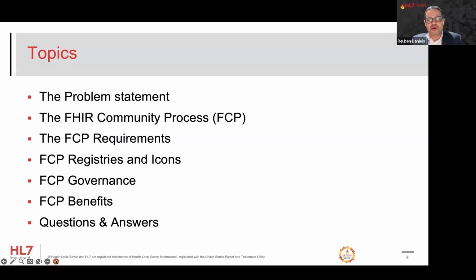Then we'll give you an overview of the FHIR community process itself, which in big part consists of a number of FCP requirements. So we'll have a closer look at what those requirements are. And following that, we'll look at other aspects of the process, including registries, the use of icons, importantly, governance, and finally, benefits. And at the end, I'll be more than happy to take questions from any of you.